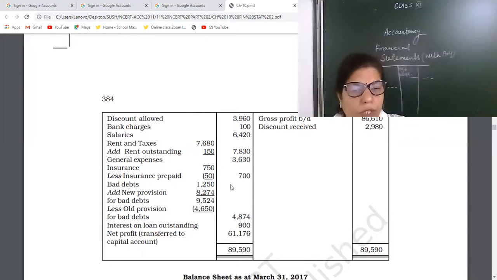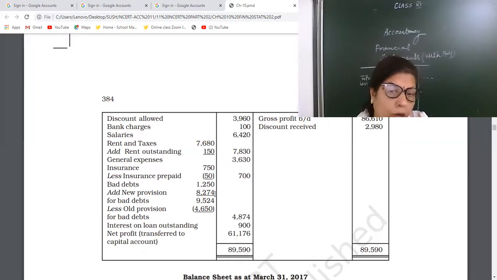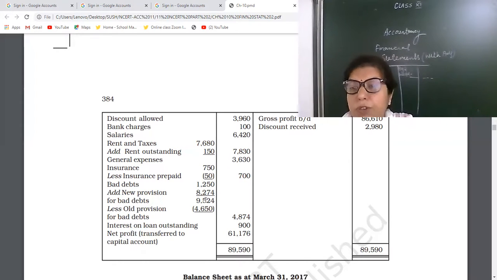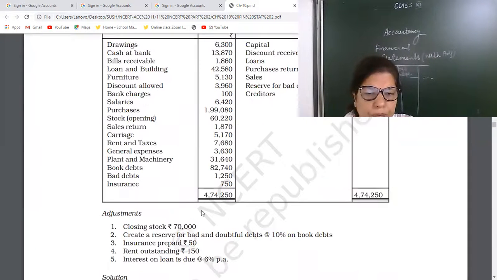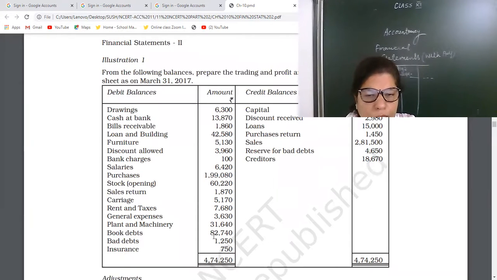Very good. Now see bad debts, already bad debts 1250. Now new PBD 8274. How can you say where that 8274 is coming from? See, reserve 10% on book debts. Come here, book debts 82,740.